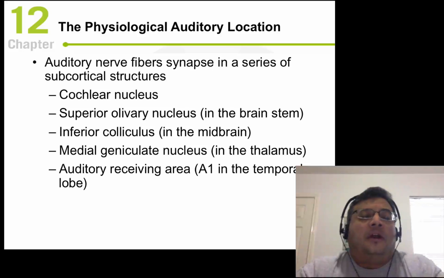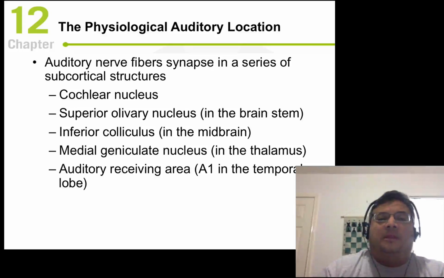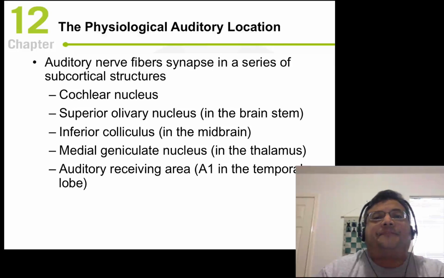And then, like all other sensory information, the sound goes into the thalamus, specifically the medial geniculate nucleus. From the thalamus, it goes up into the auditory receiving area, A1 in the temporal lobe, to begin the process of interpreting the message and the meaning of the sounds that you're listening to.